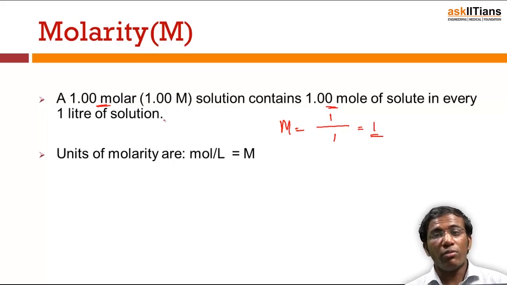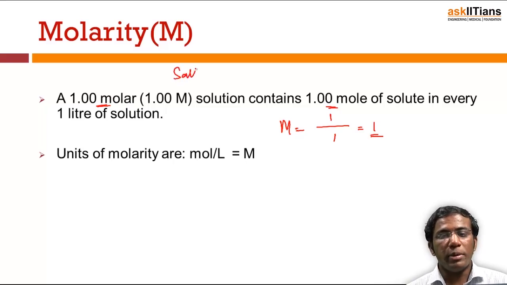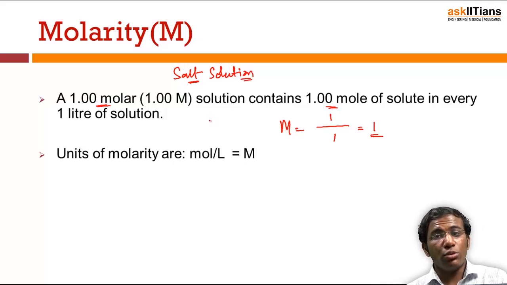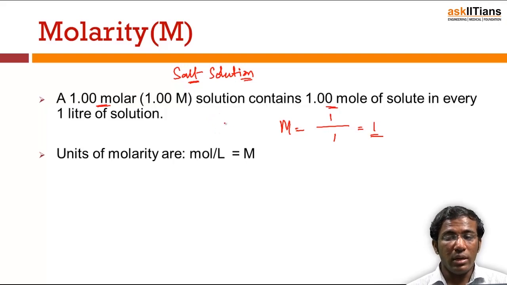Suppose I want to prepare a 1 molar salt solution. How much NaCl do I need to add? You need to add 1 mole to 1 liter of water, right? So 1 mole of NaCl weighs how much?